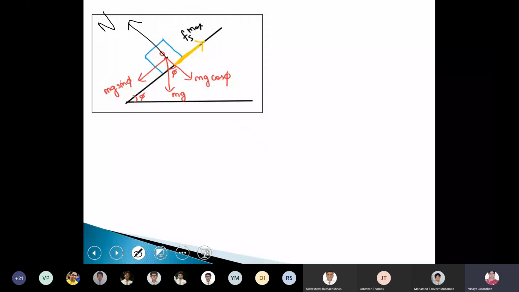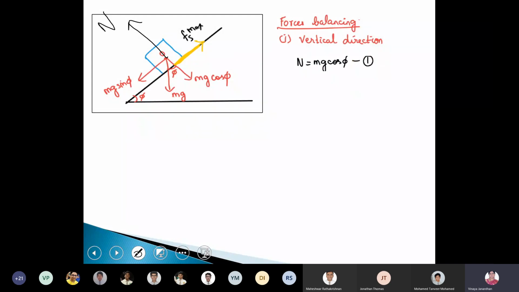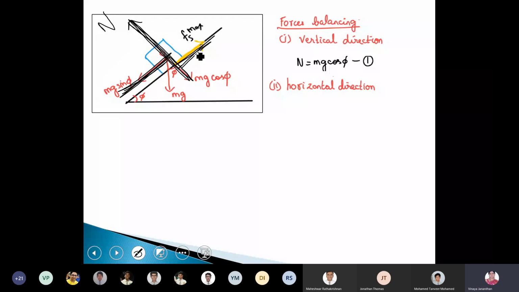So the first condition of balancing is this: N. Look at this. For balancing in the vertical direction, which are the two forces which are balancing each other? N must be equal to mg cos phi, correct? These two forces are equal and opposite. So that is the balancing condition in the vertical direction. Second one, in the horizontal direction, which are the forces? These two forces, because the body is just sliding down. In the horizontal direction, it is mg sin phi.